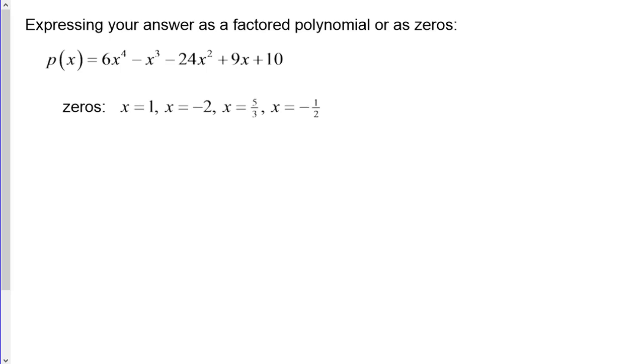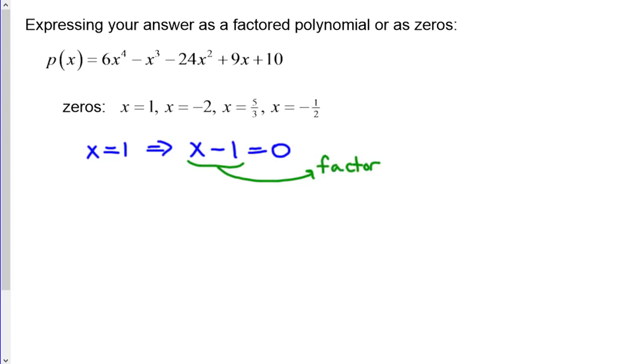And the way you do it, so if x equals 1 is a 0, well, if I bring the 1 over, I get x minus 1 equals 0. X minus 1 is my factor. Okay, so this is my factor. So you have basically the form of the 0, which is x equals 1, and the form of the factor, which is x minus 1 equals 0. So it's pretty straightforward to turn any 0 into a factor, and vice versa.